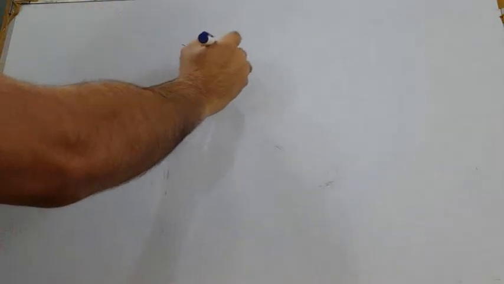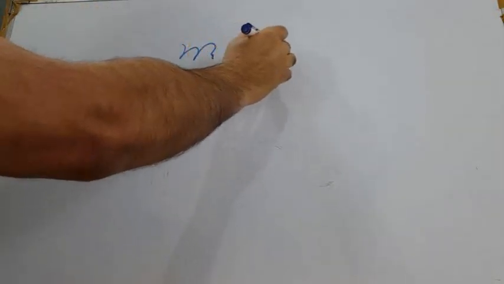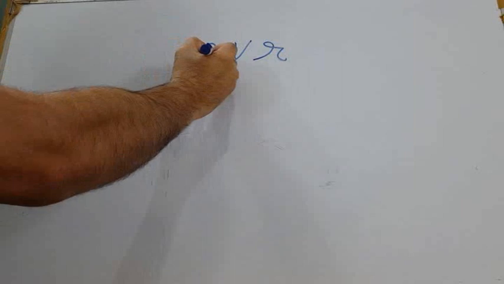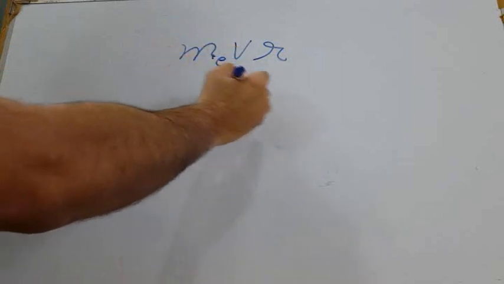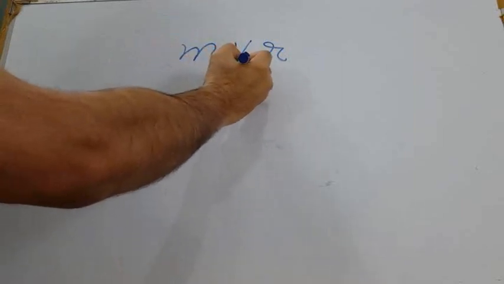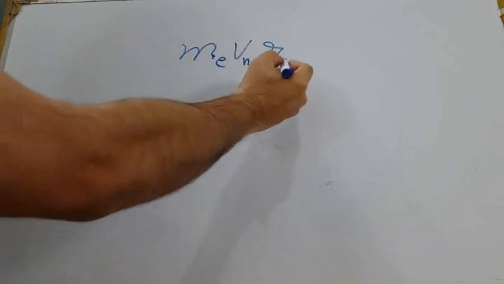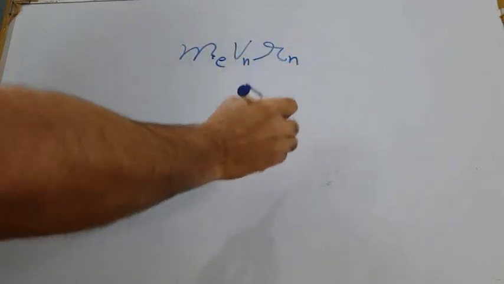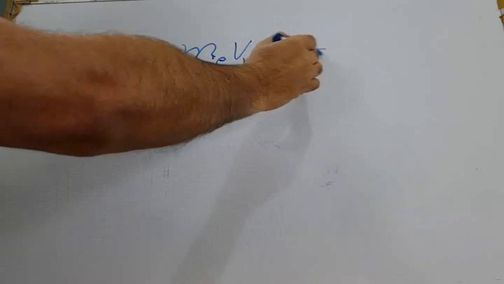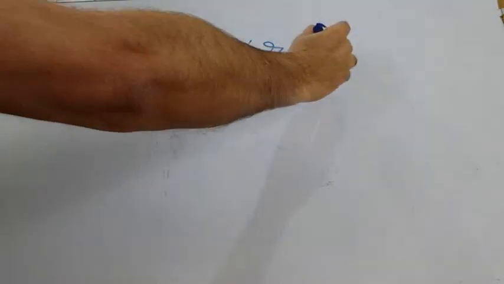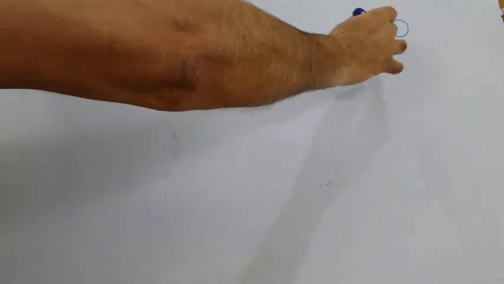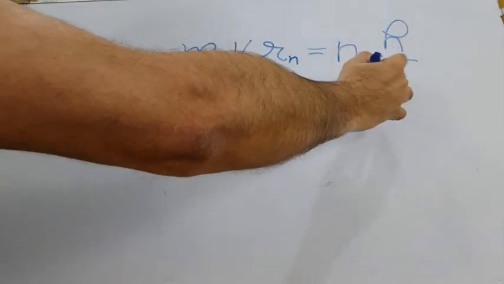I told you that the main postulate of Bohr was that the angular momentum, means mvr, or we can say mass of electron, velocity in nth orbit and radius of nth orbit, in any orbit is a whole number multiple of h upon 2 pi.